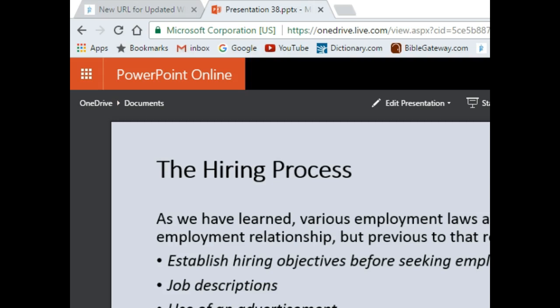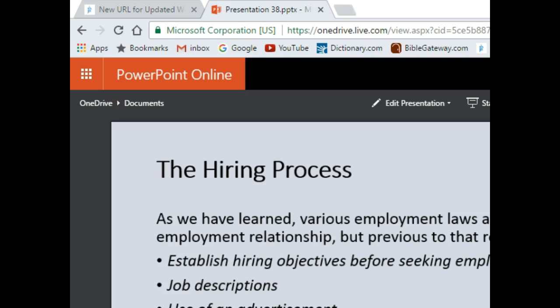Let's finally look at the hiring process, which will conclude with termination and severance. Again, I'm going to ask you to look at your handout materials. As we've learned, various employment laws apply to not only the employment relationship, but previous to that relationship occurring.